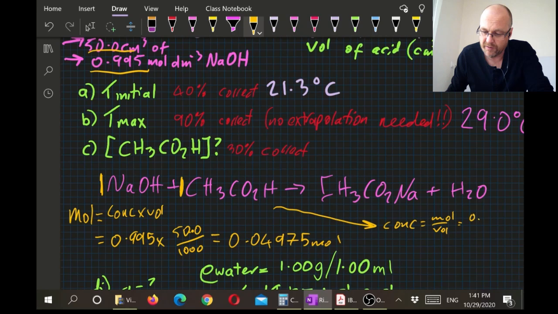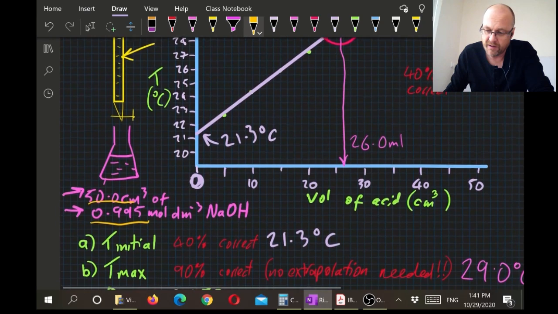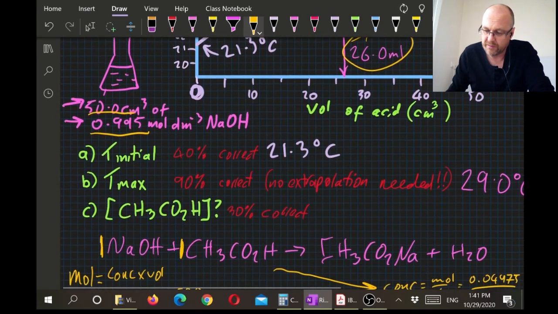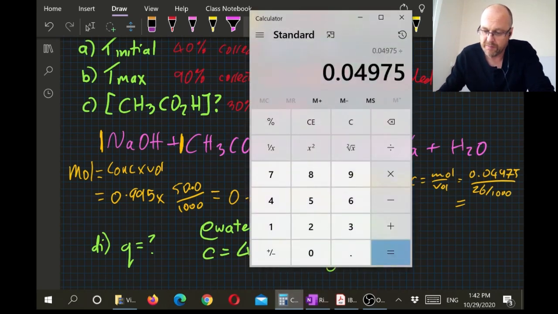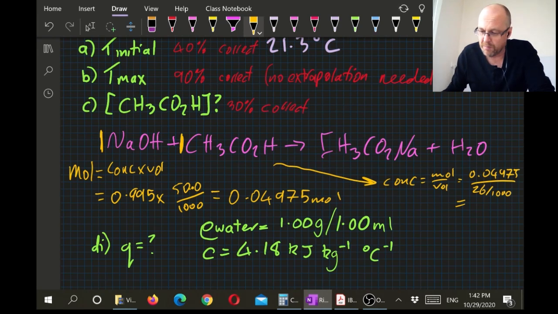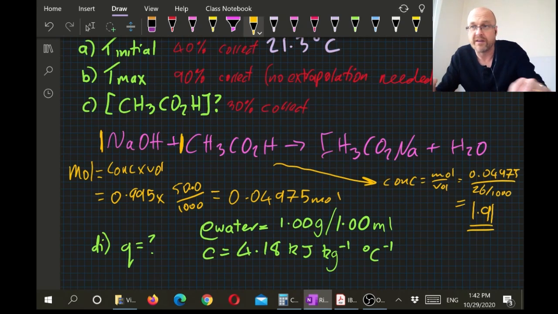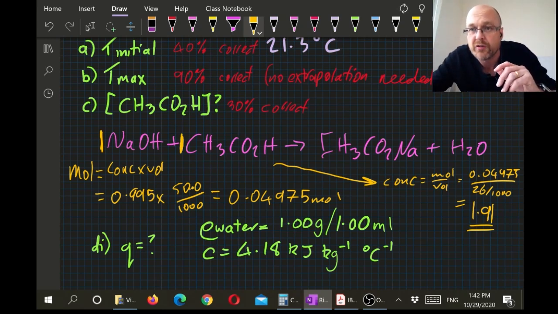I've got 0.04975, and the volume I worked out above here of the acid, 26. So divided by 26 over 1,000. Let's work that out. So I've just got to divide this by 0.026, which gives me 1.91. So it's 1.91 moles per decimeters cubed. They didn't want the units in this case because they'd asked for it in moles per decimeters cubed, I assume. Yeah. Okay, D.